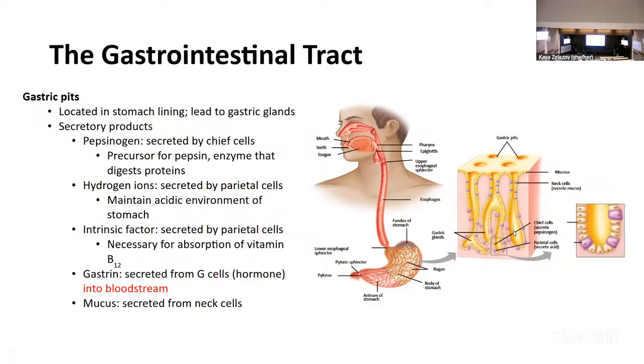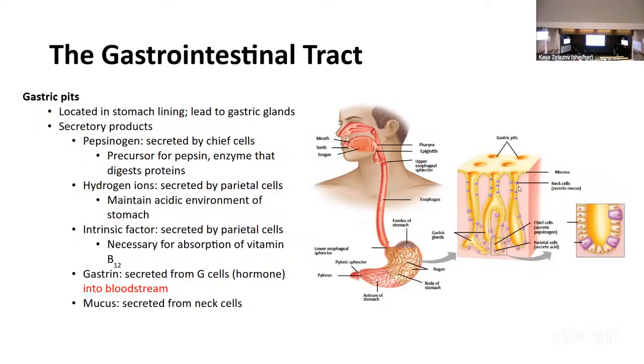Now that's happening down in the base of the gastric pit, all of these functions. But if we head back up to the neck, right, imagine we've got our stomach acid and the gastric juices containing all these other products coming up and going into the lumen of the stomach, so into the hollow part where your food is. We're going to pass through the neck cells here, right?